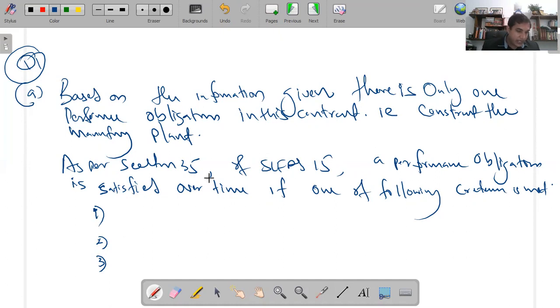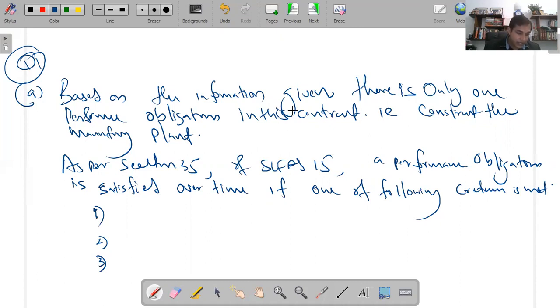First bullet point: the customer simultaneously receives and consumes the benefits provided by the entity's performance as the entity performs. The second one: the entity's performance creates or enhances an asset that the customer controls as the asset is created or enhanced.